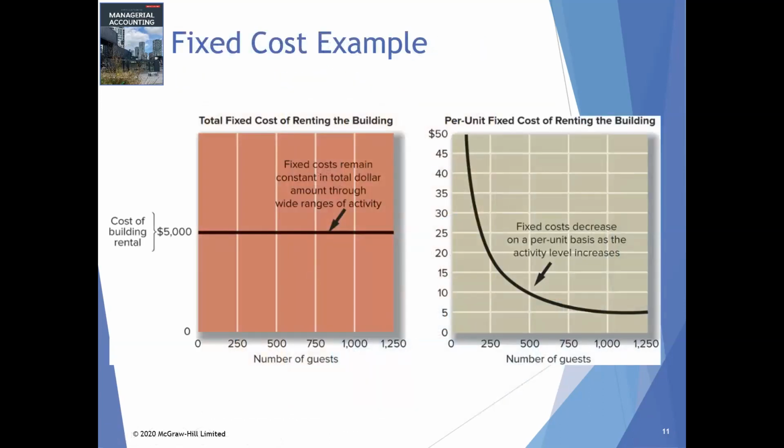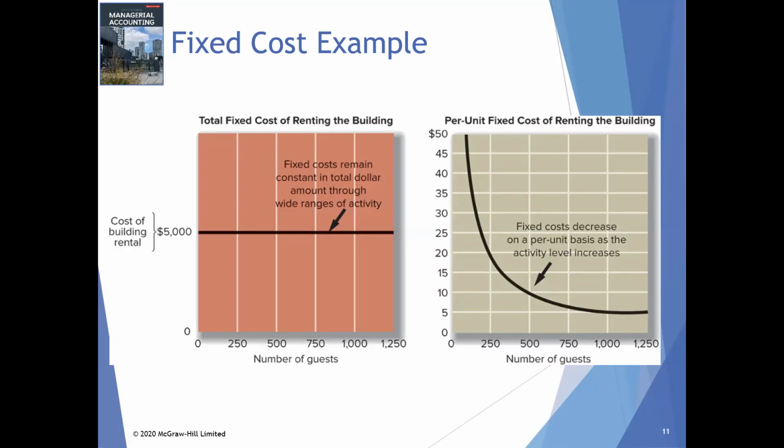Now look at this. That was the variable cost we discussed. Now we are going to discuss the fixed cost example. On the left hand side, y-axis, we have $5,000 as the cost of building rental. And the x-axis shows number of guests. If in a rented building the number of guests, meaning clients, is increasing from 250 to 1250, the fixed cost, meaning the rental of the building, is not going to change.